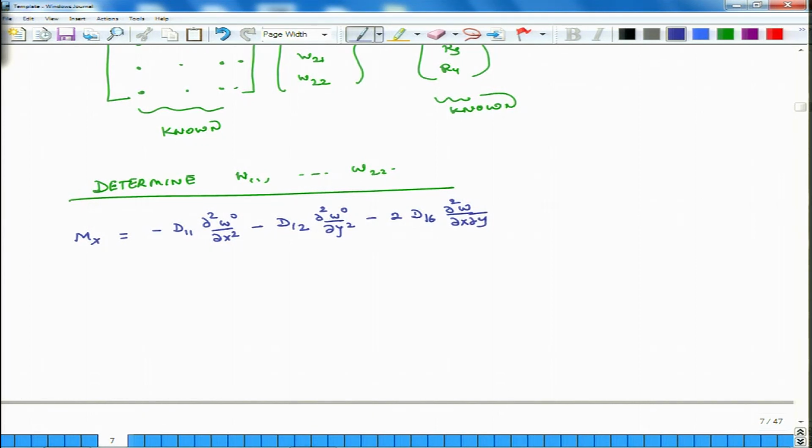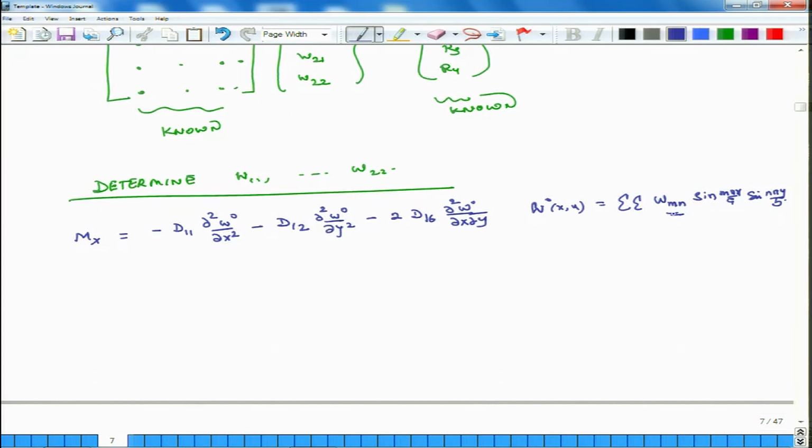And here w naught of x, y is equal to the sum of Wmn sin m pi x over a sin n pi y over b. We can find these coefficients Wmn exactly by using the process which we had described earlier.